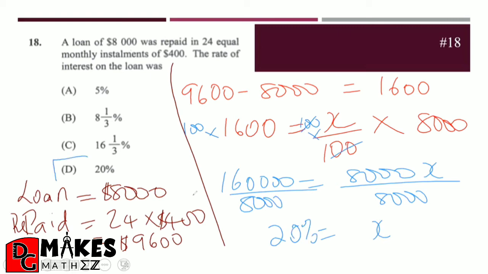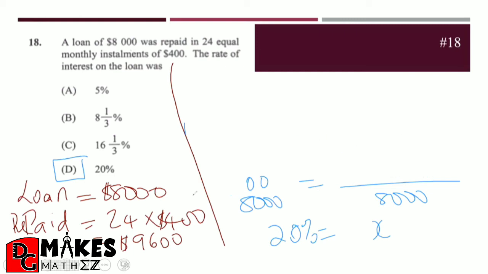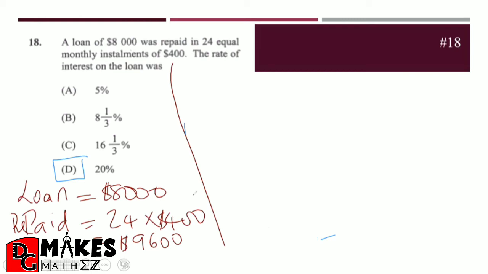All right, now, if you already knew that, all you need to say to yourself was, what is $1,600 as a percentage of 8,000.